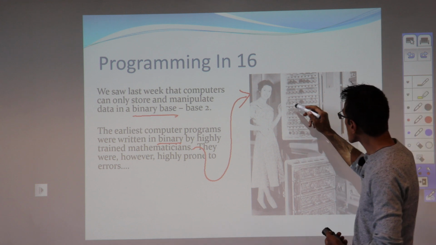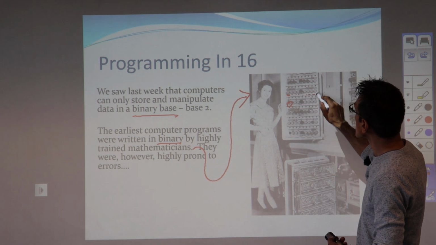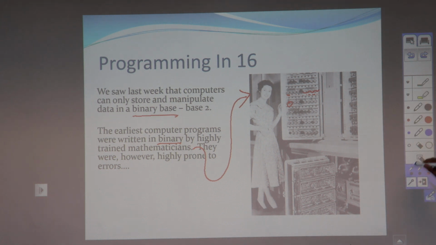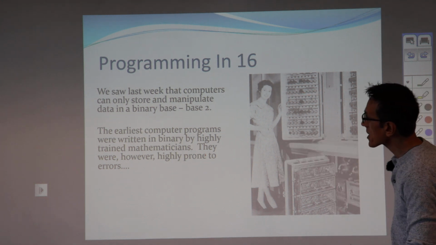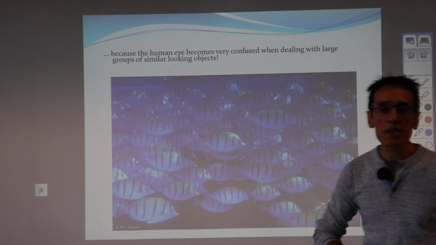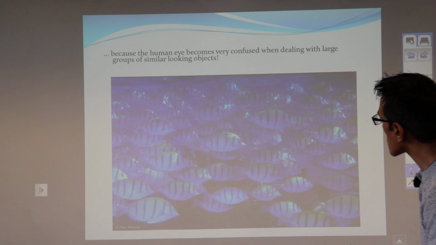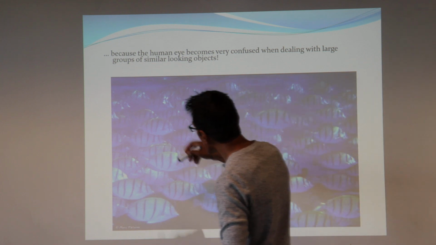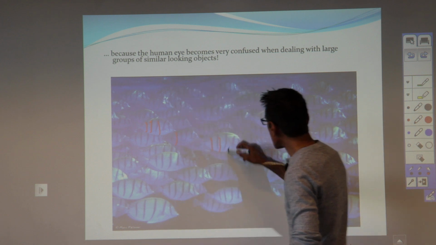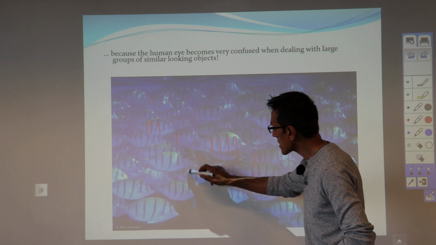If you can see, this kind of represents some of the ones and zeros or bits which would be switched on and off as the computers were being programmed. Look at this image here. What do you see? We see fish with scales, but we see lots of them. And the more you look at these, the more we humans get confused.